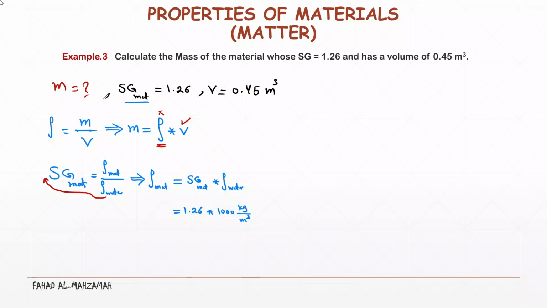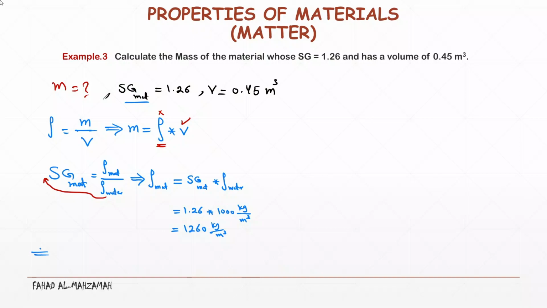Because in the question he mentioned the SI units, so it's easier for me to use the SI unit of the properties or the density. So here the answer is 1.26 times 1000 equals 1260 kilogram per cubic meter, and this is the density of the material.